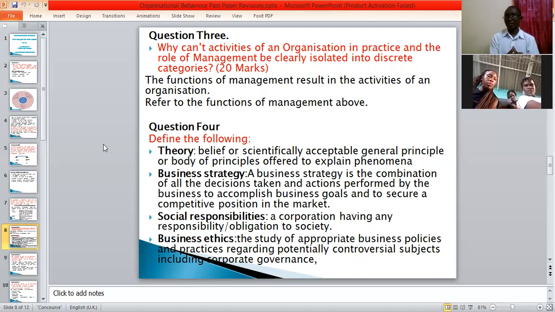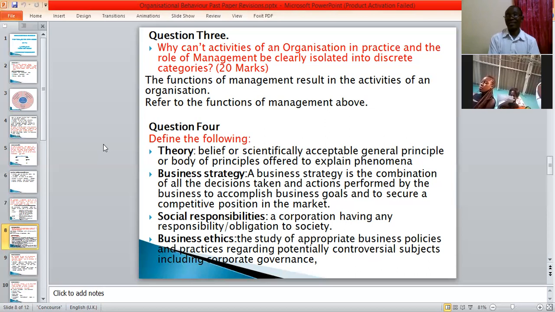Are we together? So the functions of management are the ones that are creating the activities for the organization, because management must plan. When management plans, the organization implements that plan by undertaking those activities. So question 3 was just an imitation of question 2B.